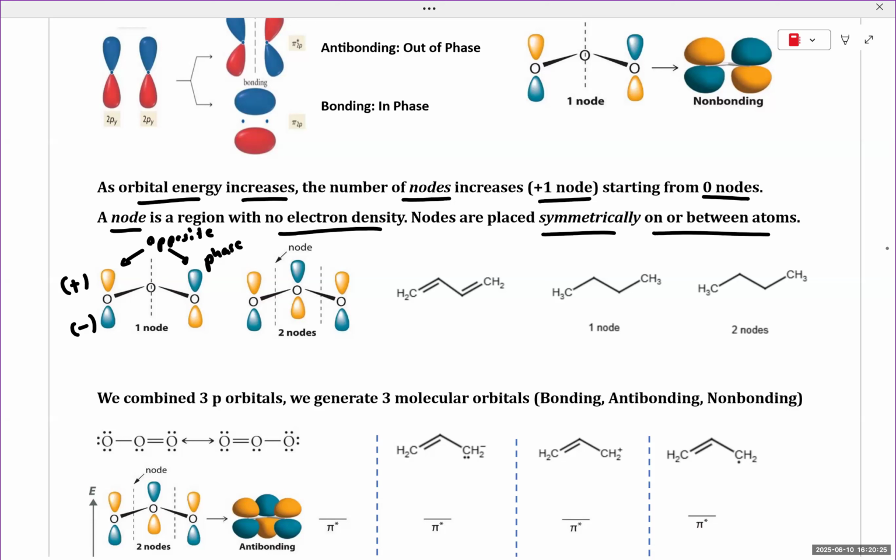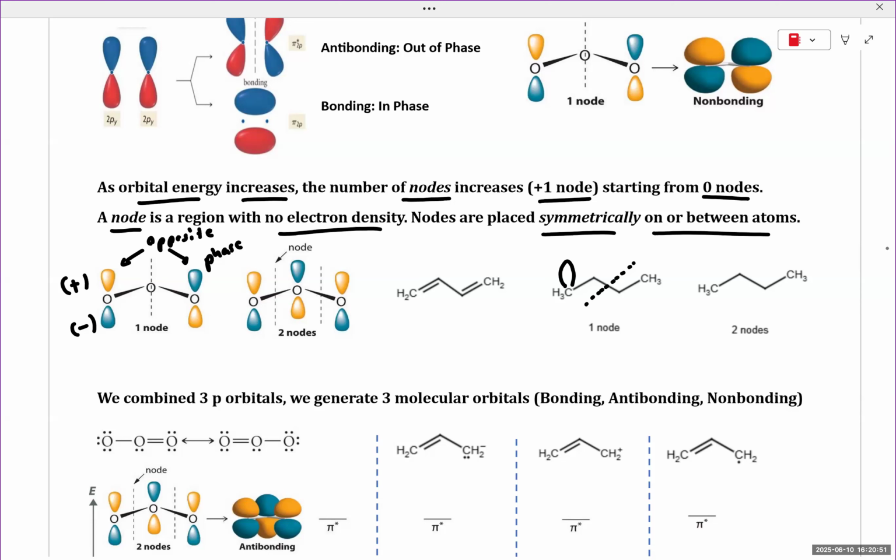So let's do some practice and try to draw some molecular orbital pictures for butadiene. Let's draw a molecular orbital diagram for a molecular orbital with one node and two nodes. First, for one node, because nodes are distributed symmetrically, I'm just going to cut my molecule in half.